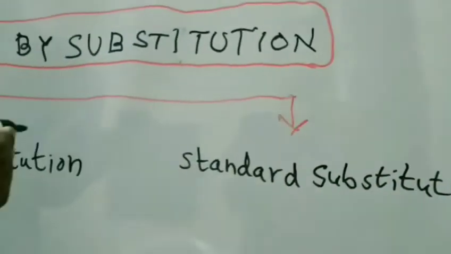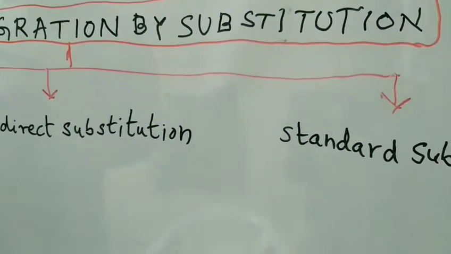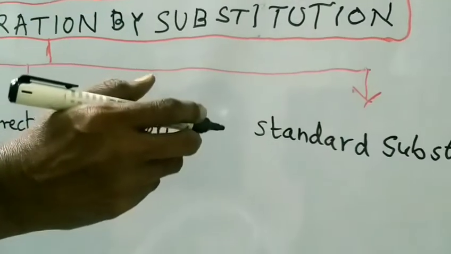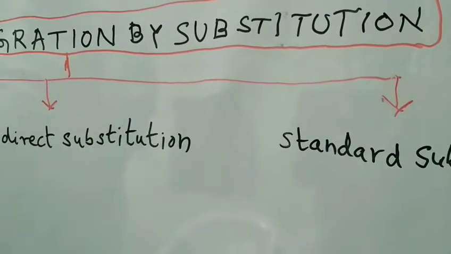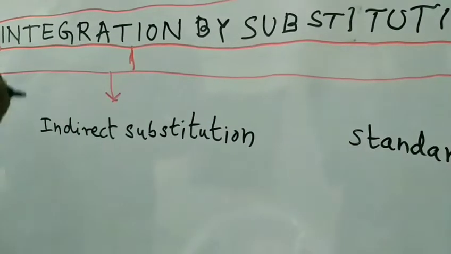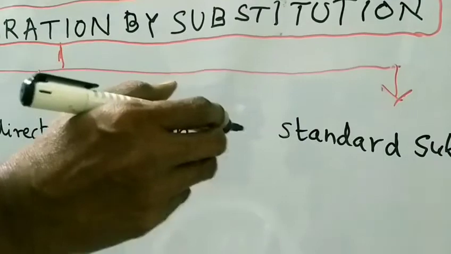These are the three subparts of integration by substitution: direct substitution, indirect substitution, standard substitution. Now we are going to learn one by one. First of all, direct substitution, second one, indirect substitution, and third one, standard substitution.